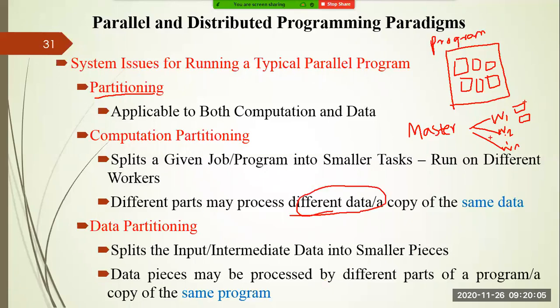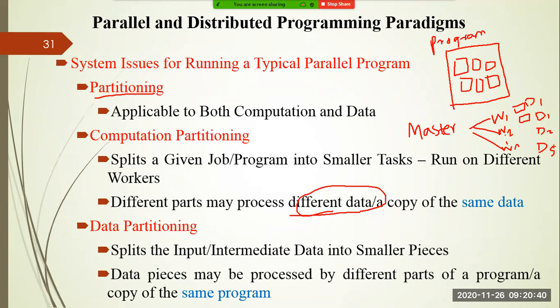Let's say data 1 I have assigned to W1 and data 1 I also assigned to W2, but to Wn I have assigned data 5, something like that. So they may process different data if you are assured that no computing engine is going to fail, or they may deal with the same copy of the data, assuming that if one system crashes, then the other worker node will return the result.